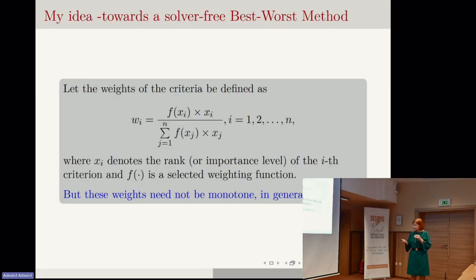So I tried to extend this formula like this one. And I try to calculate the weight with respect to this one. So you see from this formulation that weights needn't be monotone in general.